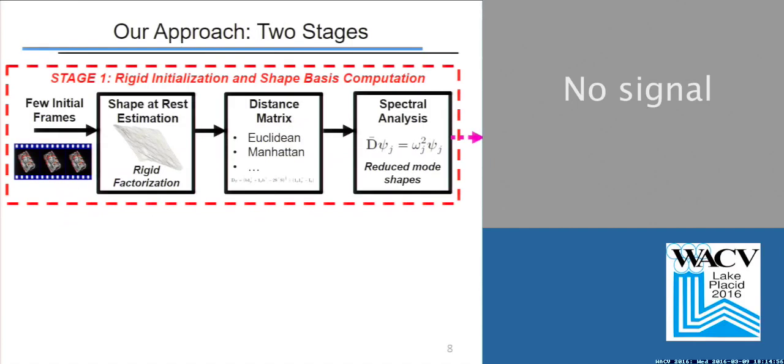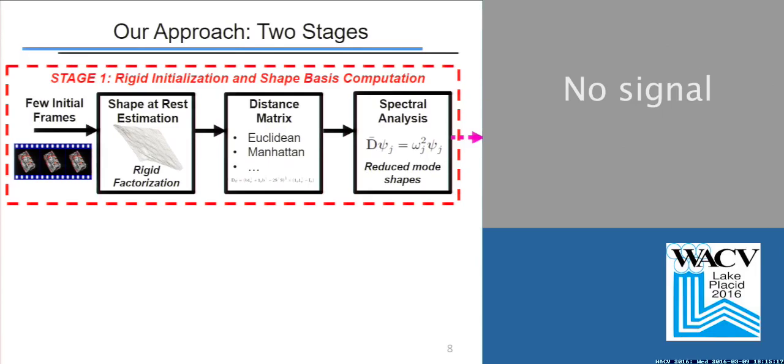To this end, our approach consists of two stages. For stage 1, we use a few initial frames to estimate a shape average by using a rigid factorization algorithm. After that, we obtain a distance matrix using, for example, a Euclidean or Manhattan metric or another one.